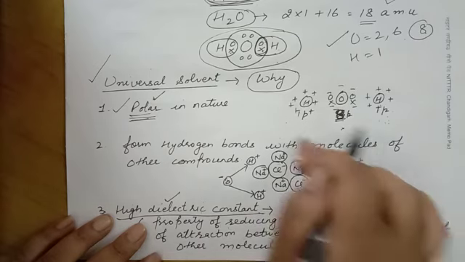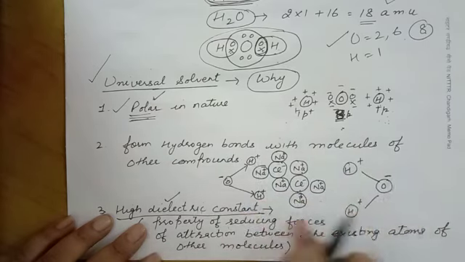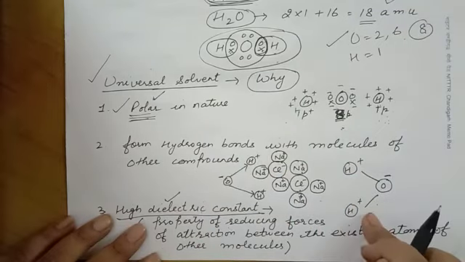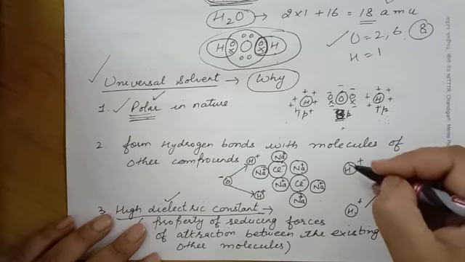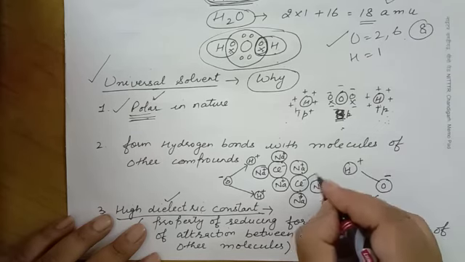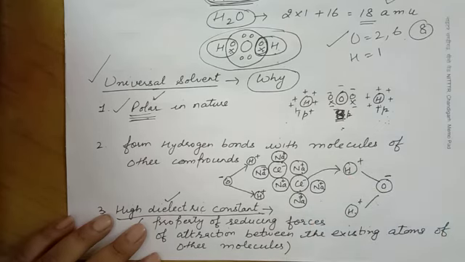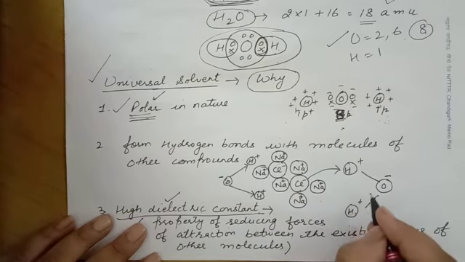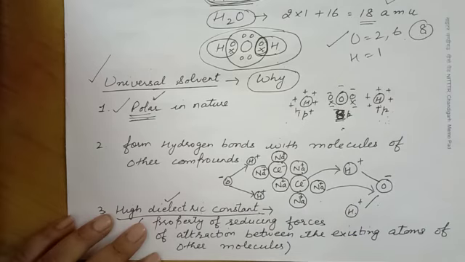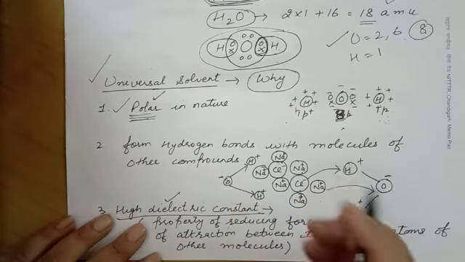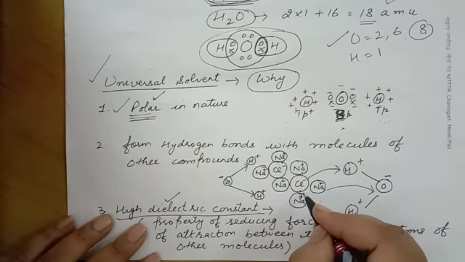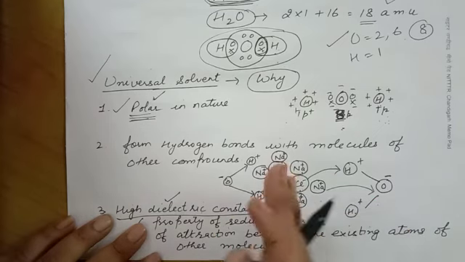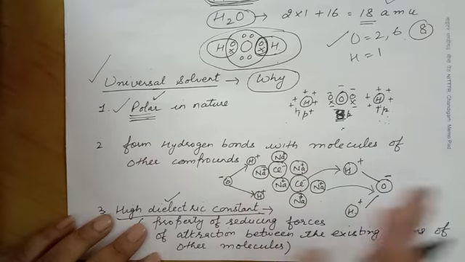When water molecules are around sodium chloride, then both the hydrogens carry positive charge. They attract chlorine towards them, whereas oxygen attracts sodium towards it. In this way, they reduce the forces of attraction between sodium and chlorine atoms, and they are going to be dissociated.